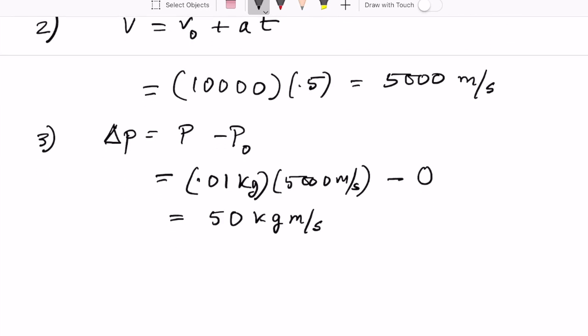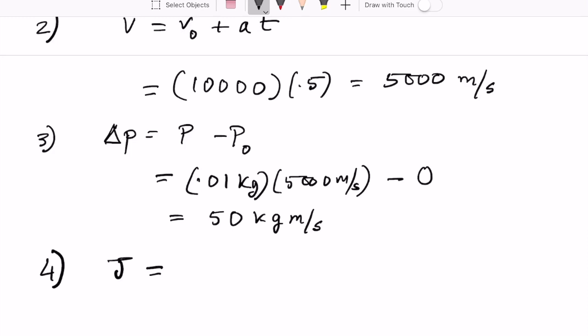Now let's calculate the impulse experienced by the bullet. The impulse is going to be force multiplied by the time that the force acts for, right? In this case the force is constant. So the impulse is the integral of the force.